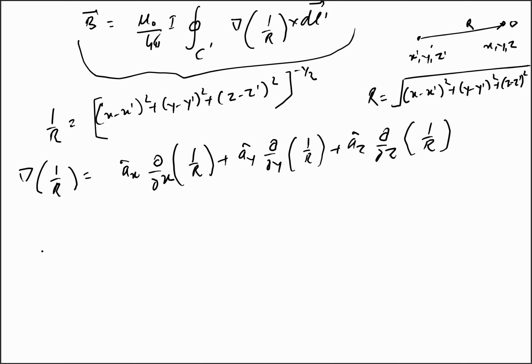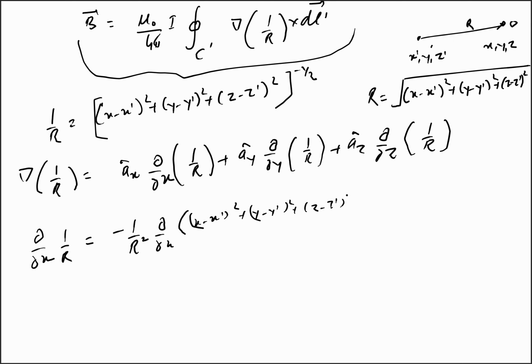So now let us solve it further. Dou by dou x of 1 by r is equal to minus 1 by r square dou by dou x of this quantity, (x minus x dash) square plus (y minus y dash) square plus (z minus z dash) square, power 1 by 2. So it will be equal to minus of (x minus x dash) over r cube, because r is simply this.